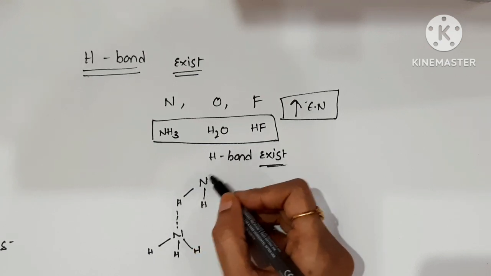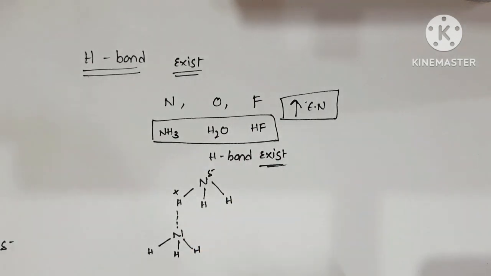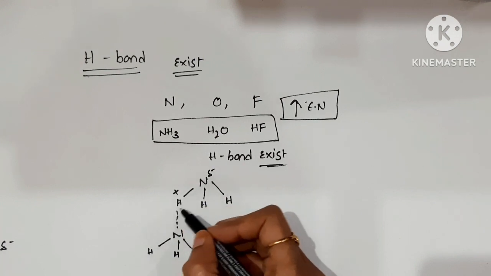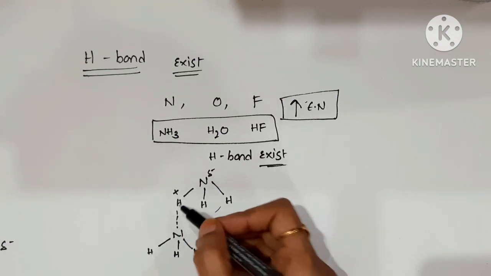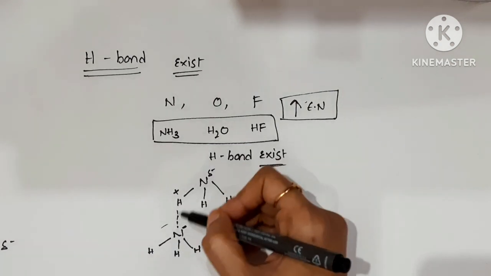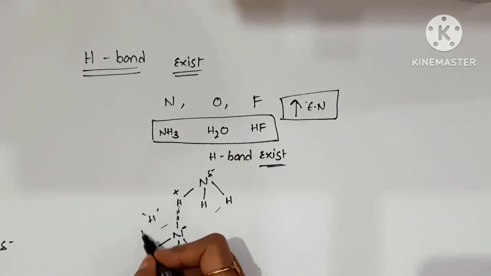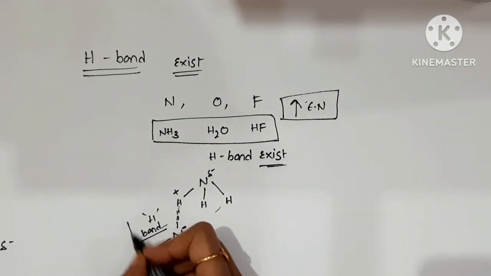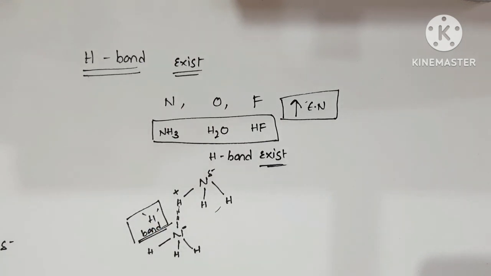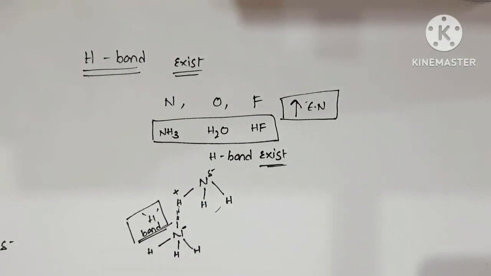Then nitrogen gets negatively charged and hydrogen gets positively charged. So the positive pole of hydrogen of one molecule attracts the negative pole of another molecule, and this bond is the hydrogen bond. The attractive force between the two molecules is the hydrogen bond.